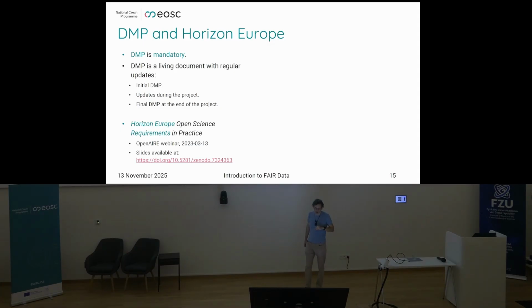The first one is Horizon Europe, and you will see the requirements are more or less the same. A DMP is mandatory as part of it, and Horizon Europe for years provided a template of the data management plan. It's not a required form, but it's commonly used as an example of how the data management plan can be seen.